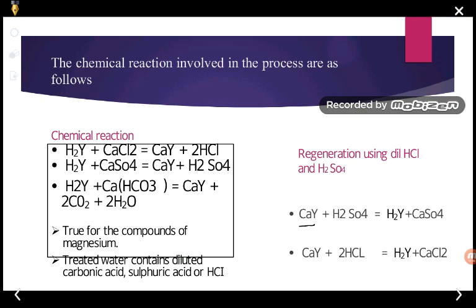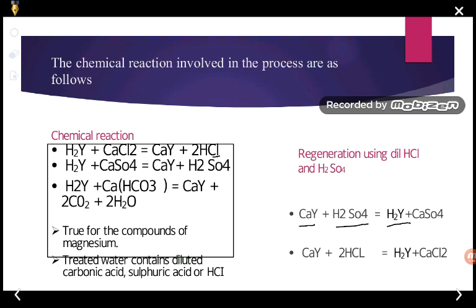So here this is the next process where we are going to add a small amount of sulfuric acid or HCl in order to maintain the regeneration of the ion content. So in this way the reaction takes place.